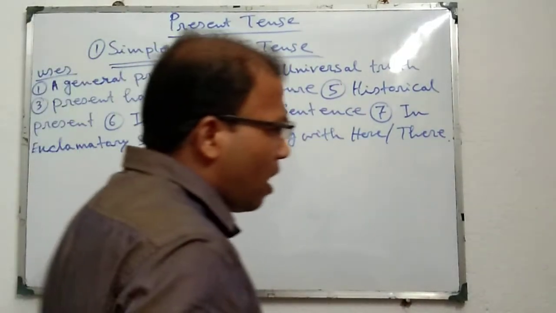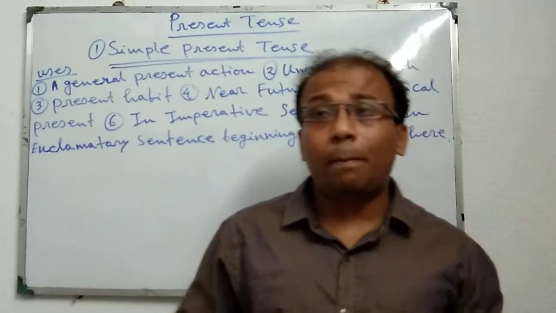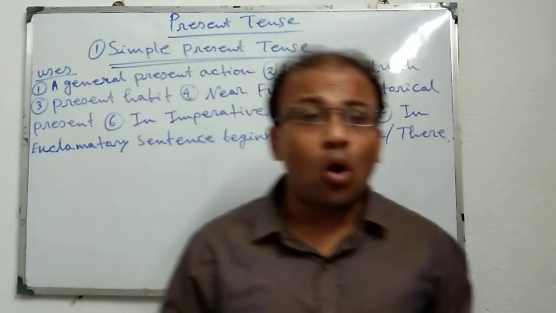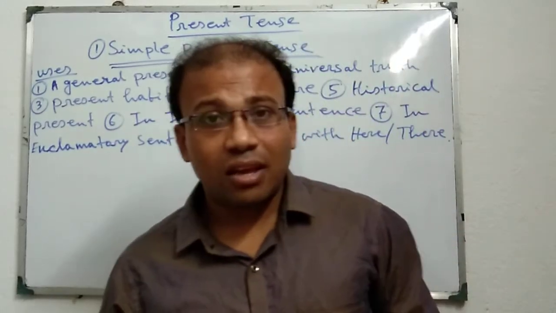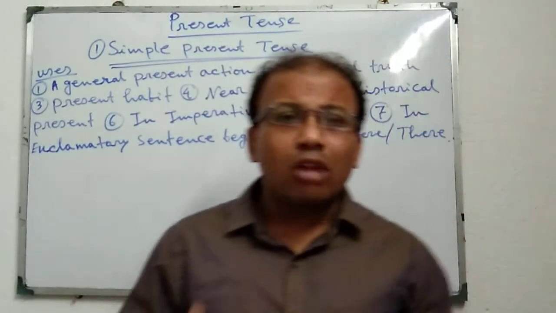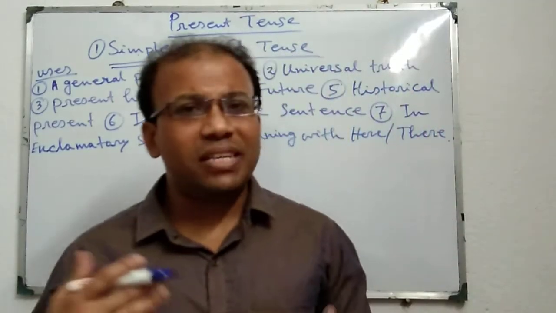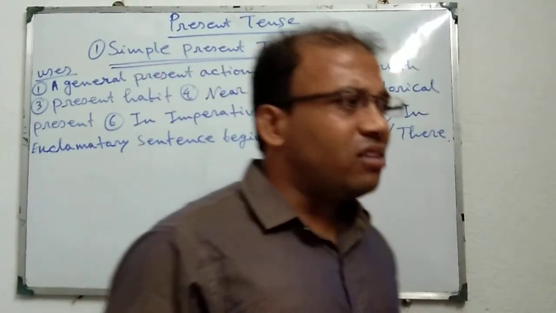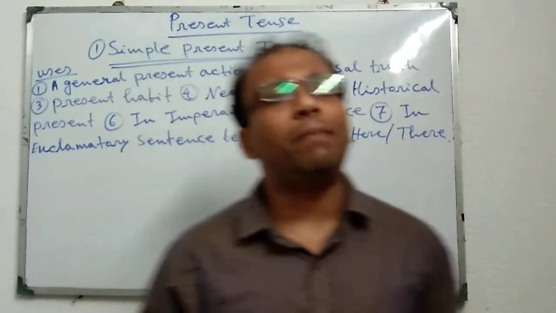What is simple present tense? Simple present tense is the form of verb that indicates any normal present action which is done at the present time. And there are different uses of simple present tense.